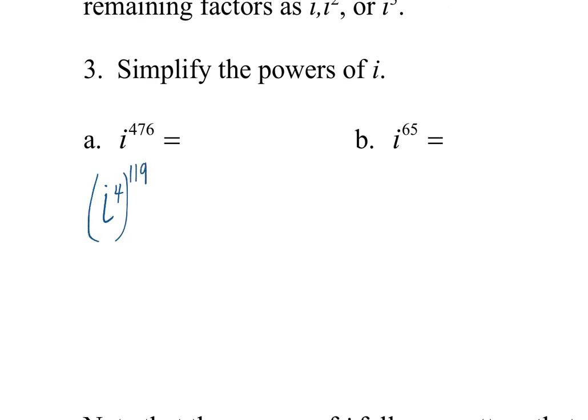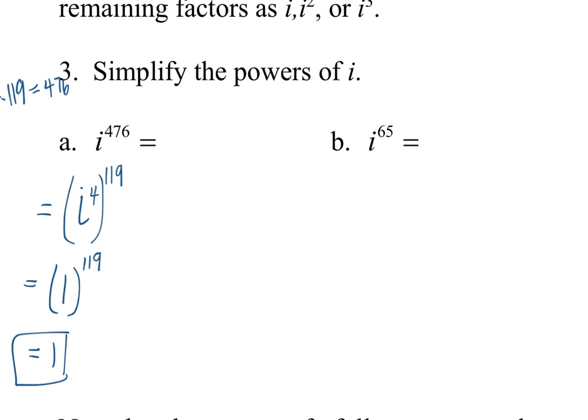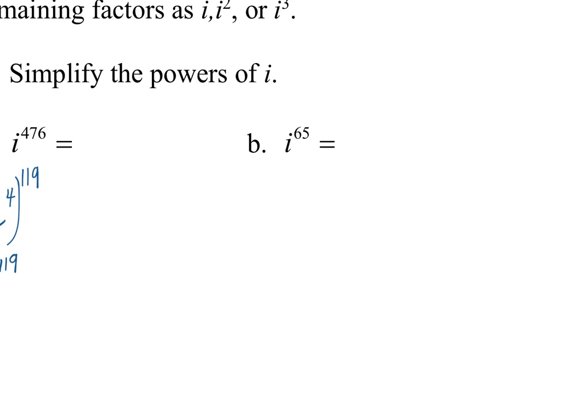Why can I do that? Because 4 times 119 is 476. Okay? And now I know from the last page that i to the 4th is equal to 1. So I could replace the i to the 4th with a 1 to the power of 119. And 1 to the power of 119 is equal to 1. So i to the 476th power is equal to 1.